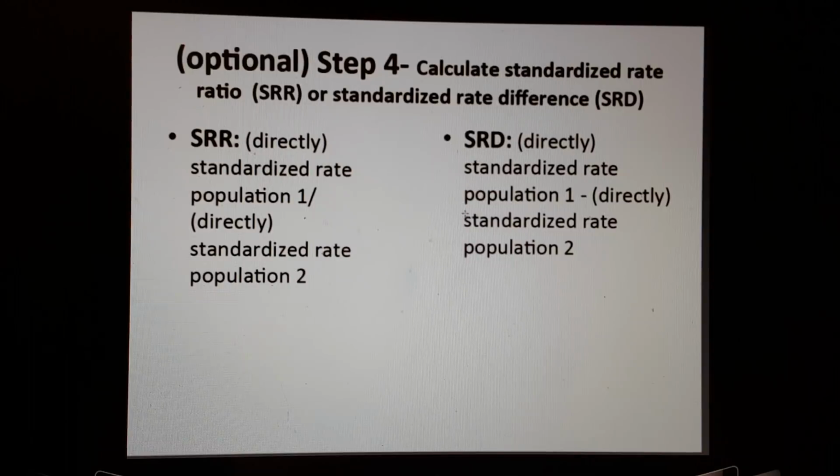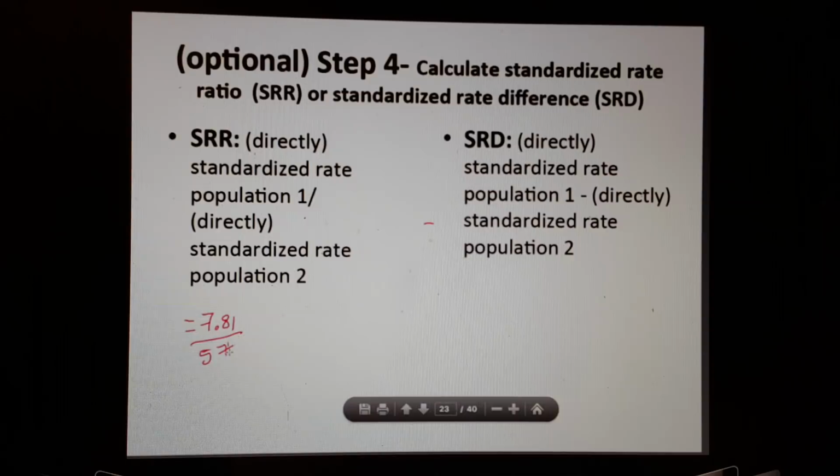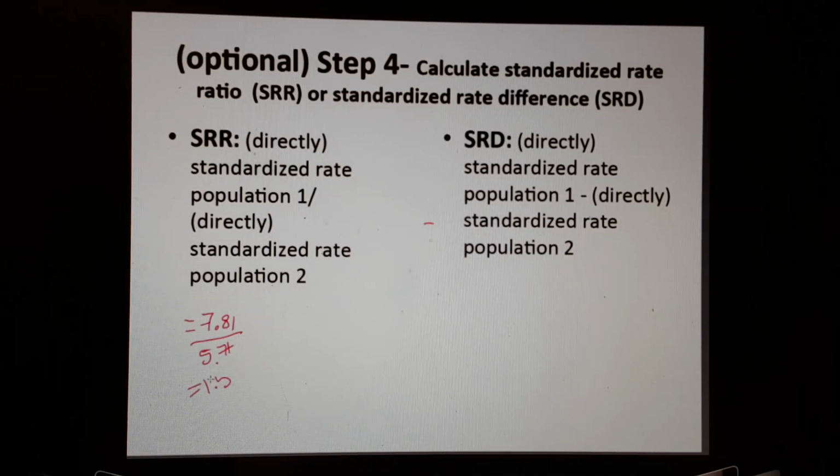So your standardized rate ratio is just the directly standardized rate in population 1 divided by the directly standardized rate for your second population. So this one, it would just be the rate in Ecuador divided by the standardized rate in Sweden equals 1.37. So if you got a ratio of 1, that means that they're the same.